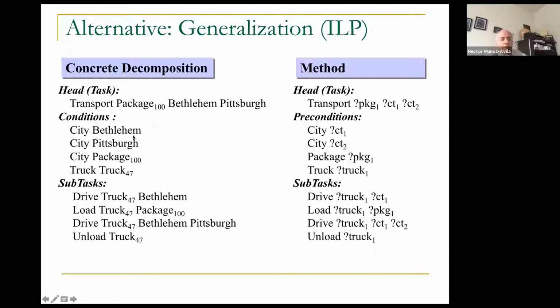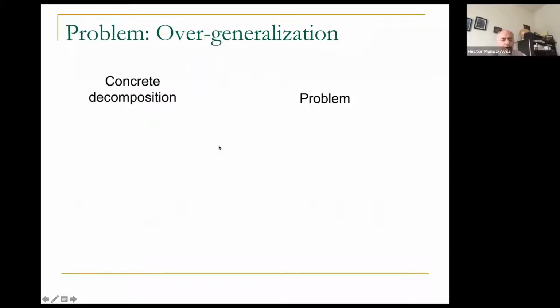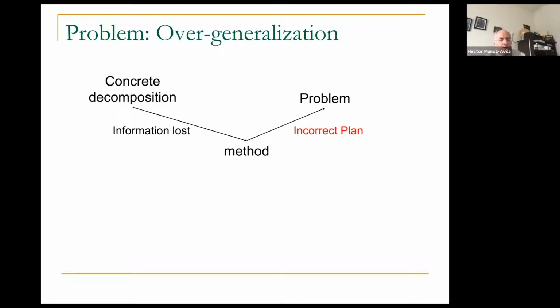And of course, what we would like to do is generalize, right? So convert this concrete city, concrete truck, and concrete package into variables. So the problem is we have the concrete decomposition and we want to generalize it, so that this method will have a generic decomposition. But when you generalize, you lose information. And then there's the danger that when you apply the method with a different instantiation from the original, you may yield an incorrect plan.